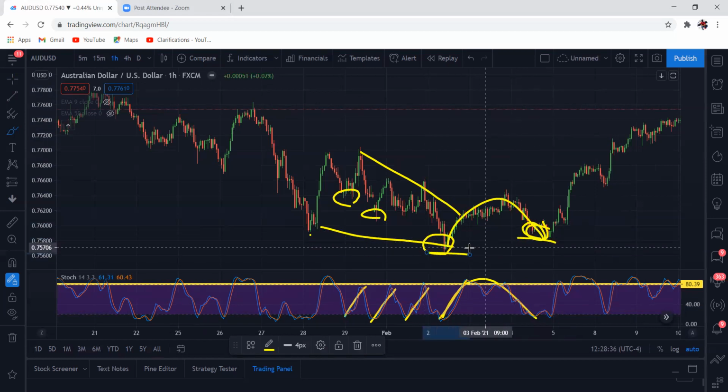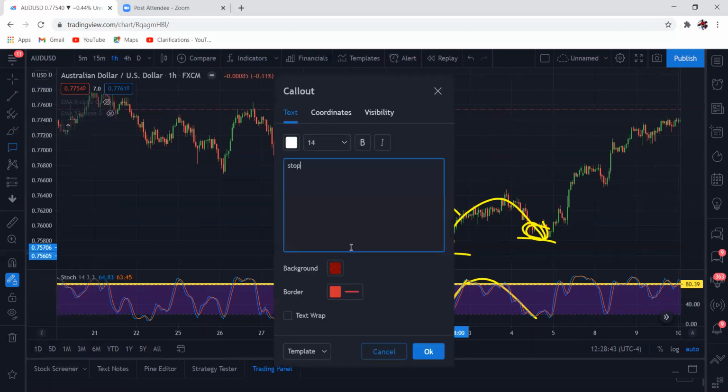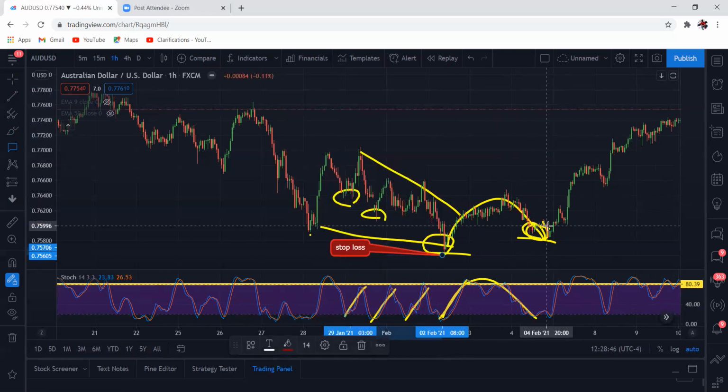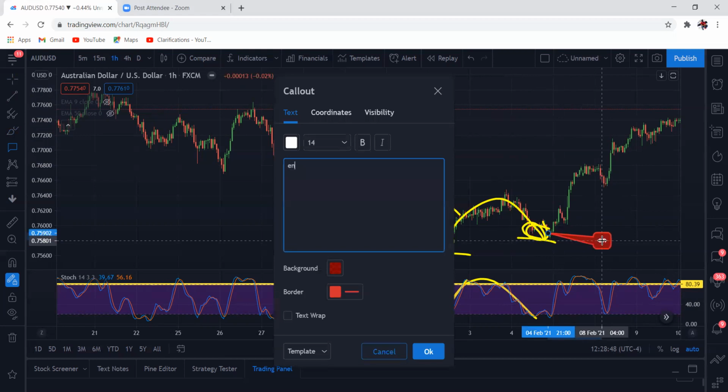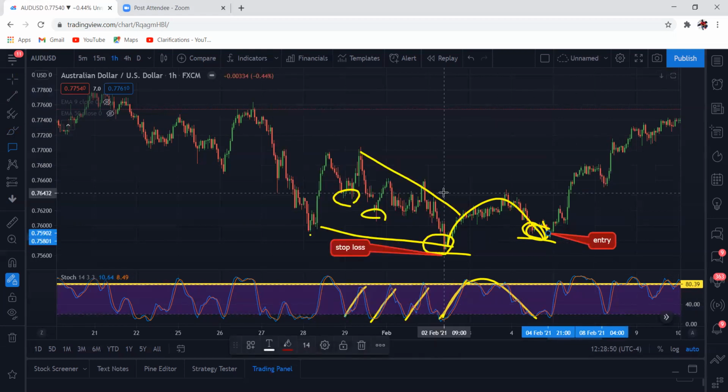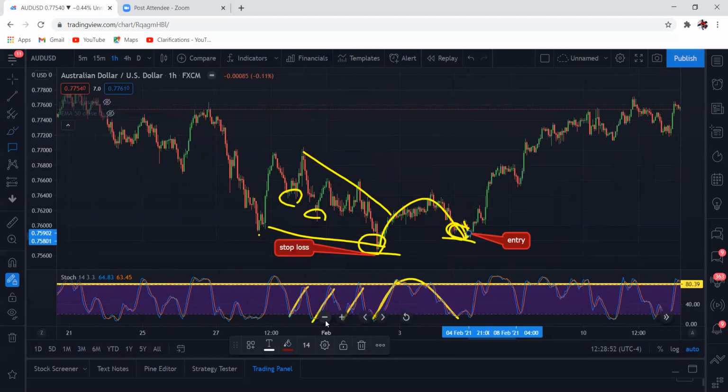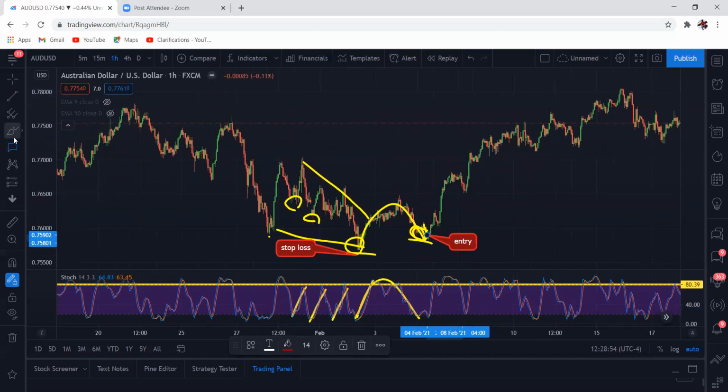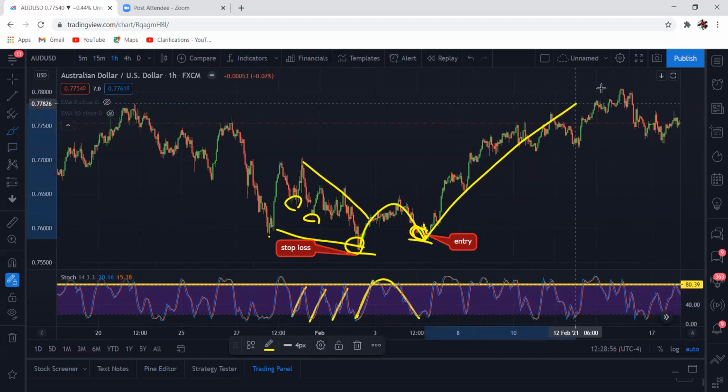All right, so my stop loss would be right here. Entry here. And then based on your market markup, there's my buy.